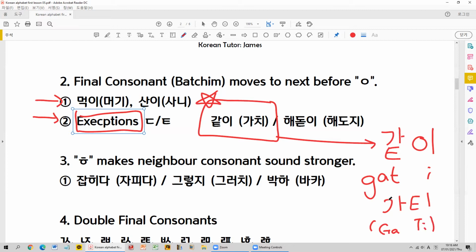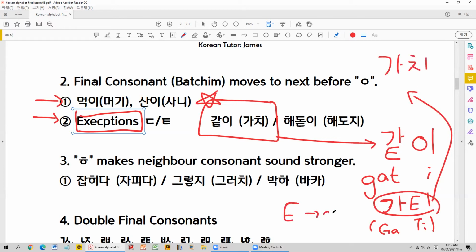So it should be like this, but we change this one more step. So the T sound changes to a CH sound. So you have to read like this: 같이, 같이.